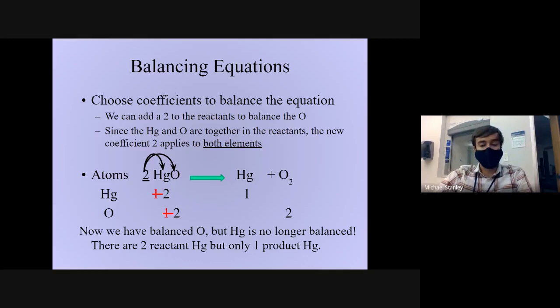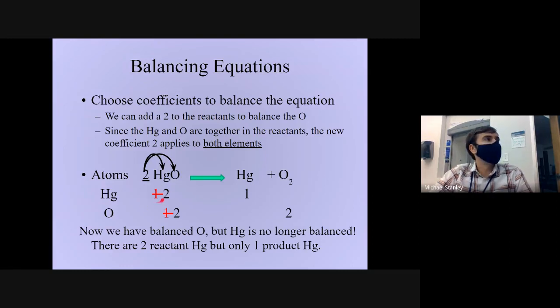Because now we say, okay, we balanced the oxygens, and that's good. So now what can we do to balance our Hg's? Well, we know we want to leave this 2 right here because it made our oxygens balanced, and we don't want to do anything to mess up our oxygen balance.